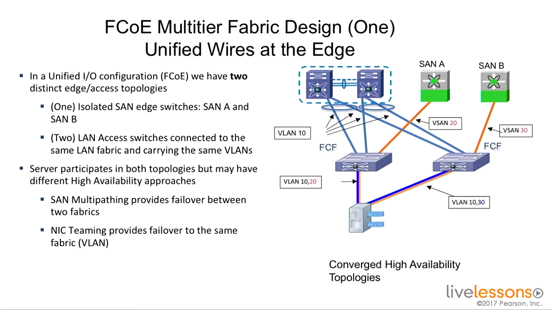In this case, we're taking devices that used to require multiple network adapters, both Ethernet and storage adapters, as well as Ethernet cables and fiber channel cables, and we're converging those to two high-speed 10 gigabit Ethernet connections. And we're allowing both protocols to run over the same network.